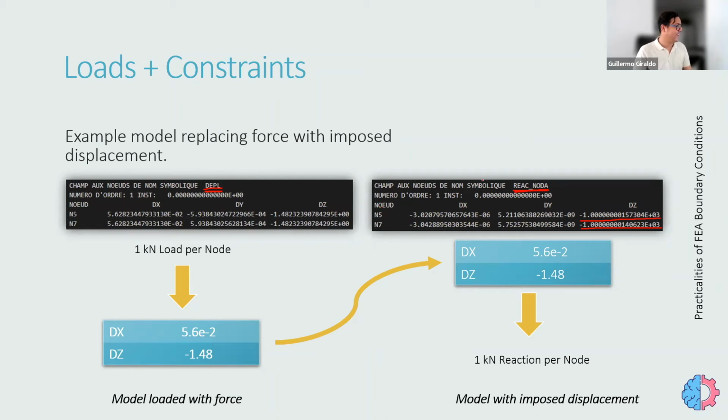Good catch. So instead of saying that in this node you have a force, say this is node 5 and node 7, right? In the first one I applied 1K and 1K, 1 kilonewton and 1 kilonewton load, as a boundary condition. In the second case, what you say to the FEA solver is that it won't apply a load, but it will enforce that these nodes will move with this vector that is here.